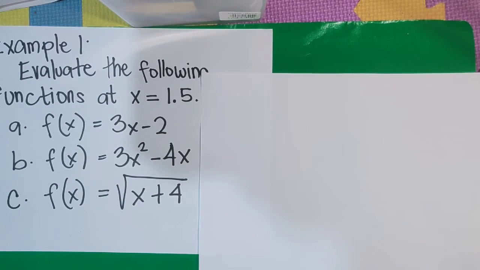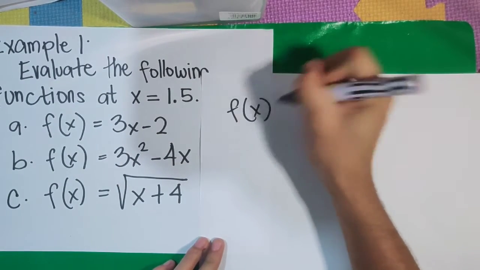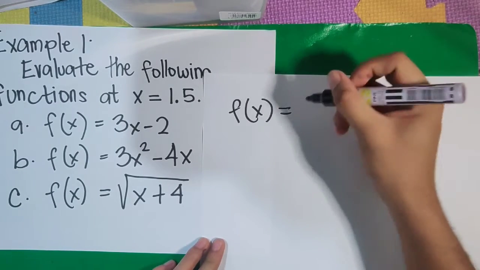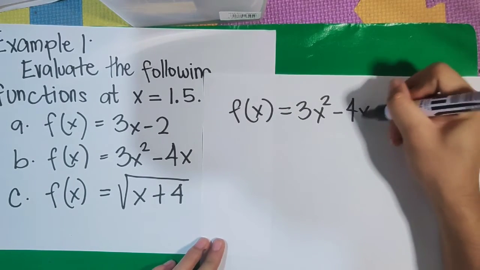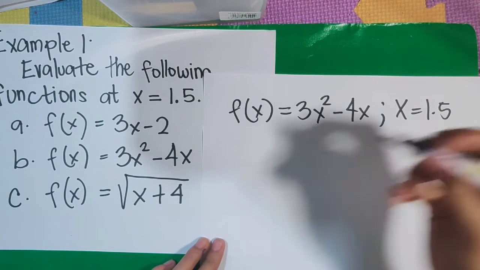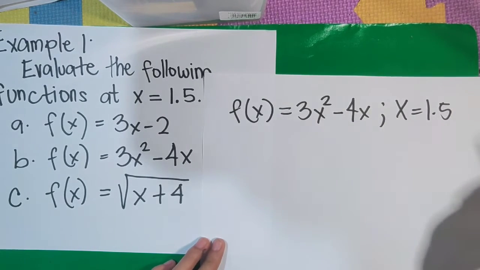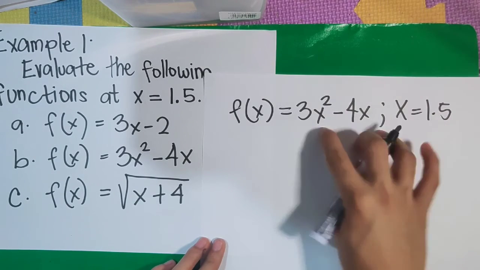Next example. So f of x equals 3x squared minus 4x, where the value of x is 1.5. Again, we need to substitute the value of x, which is 1.5, into the equation.